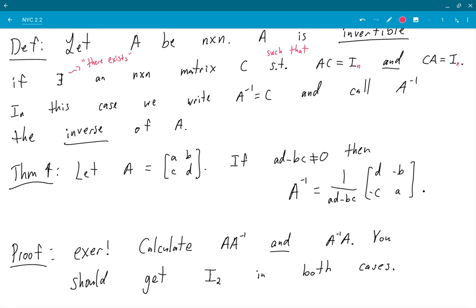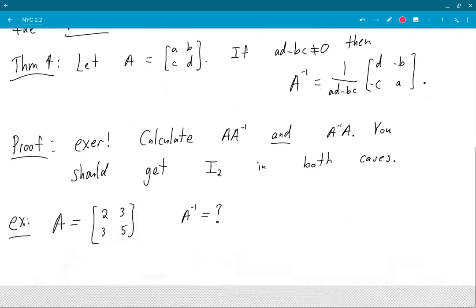So you are calculating this product and this product to verify that this is true and this is true. So pause, try that.